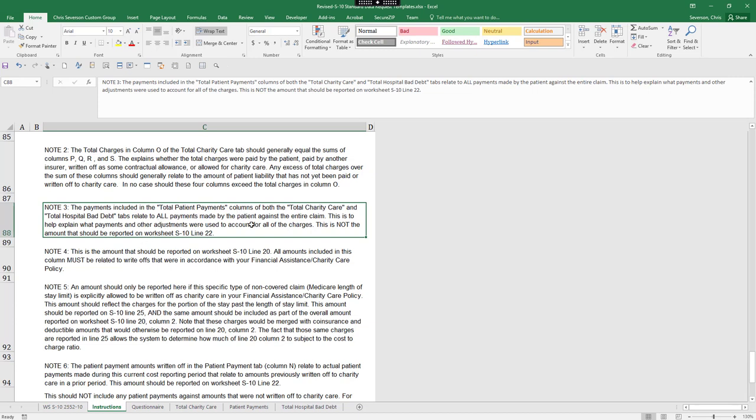So note 3 is just saying that that total patient payments column should reflect all payments made by the patient. It's not intended to be the amount they paid against a charity care. It's the amount they paid against the entire claim. That's what it should be. For that reason, this patient payment amount is not the amount that should be reported on S-10 line 22.